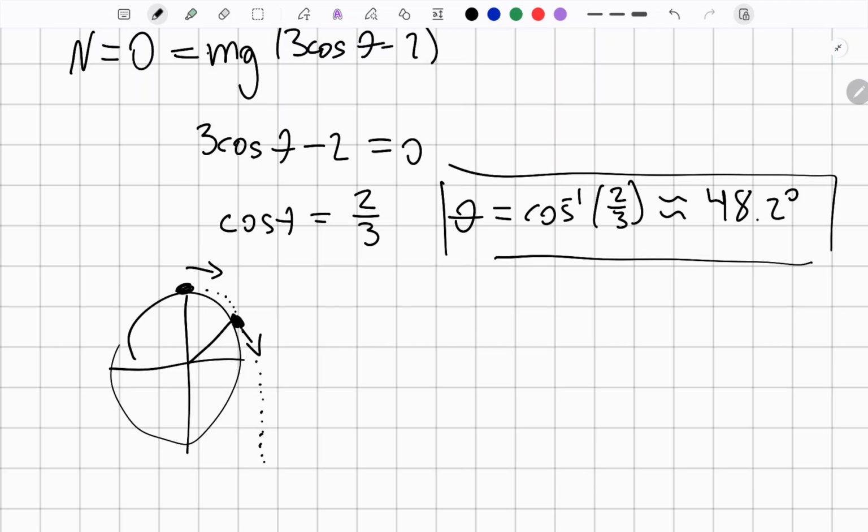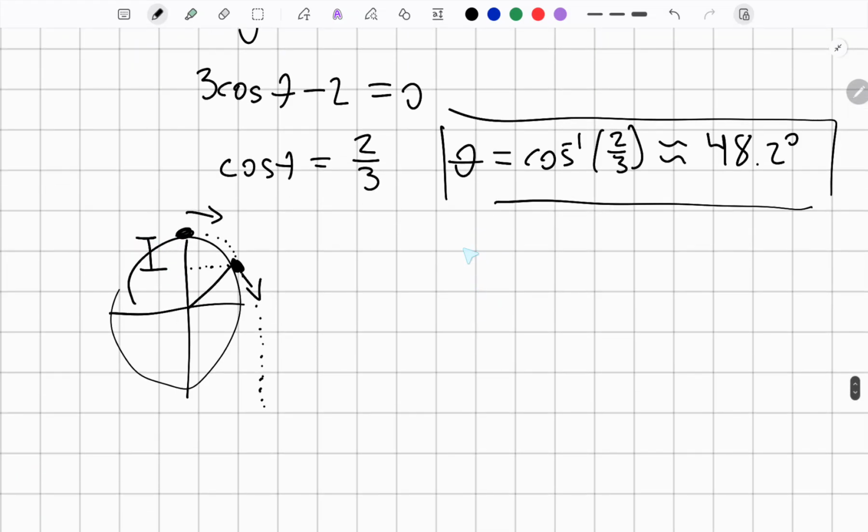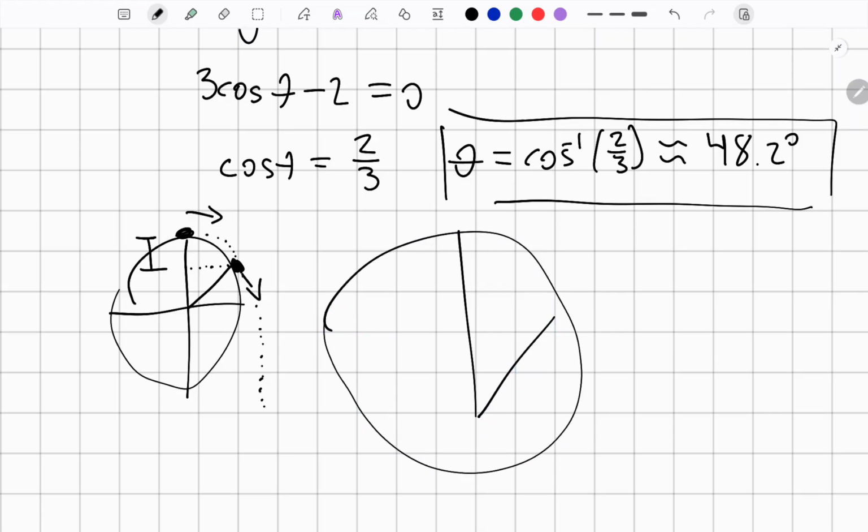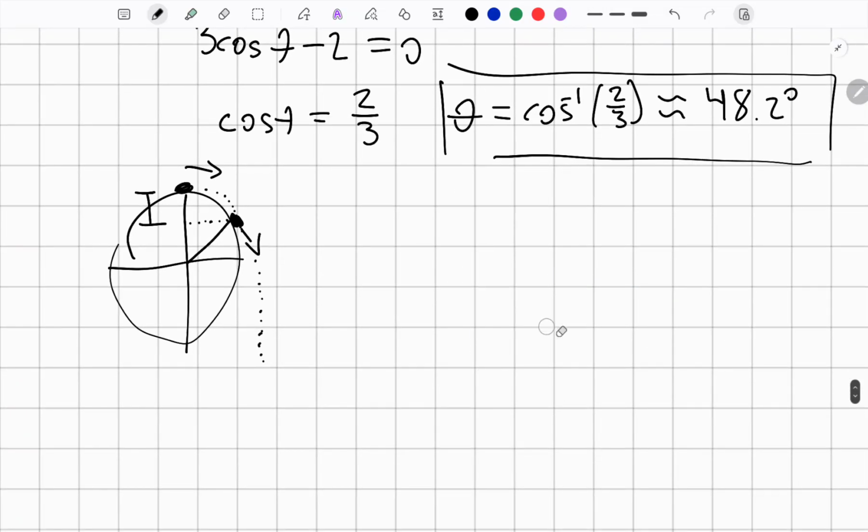So if we want to find the vertical height through which this has descended, what we're asking for is this change in height right here. Let me just expand this out here. Our circle.